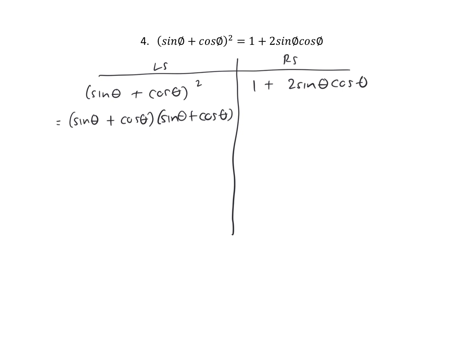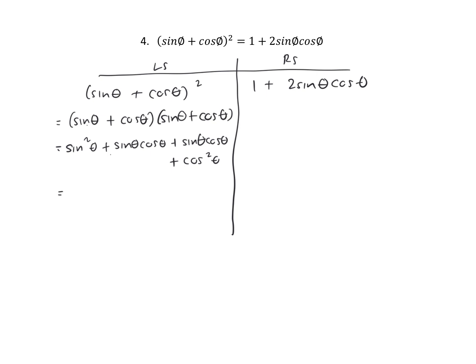Don't forget that you have 4 things to multiply, not 2. Don't think that it's just sine squared plus cos squared. We have to multiply sine times sine, which is sine squared. Then sine times cosine. Then cosine times sine. And then cosine times cosine.